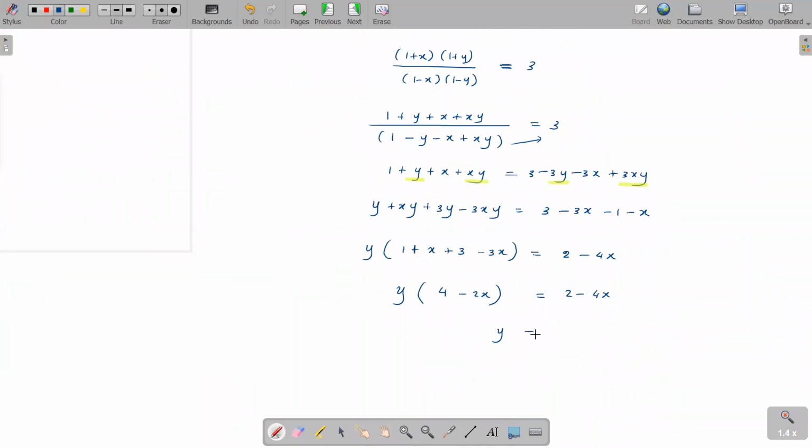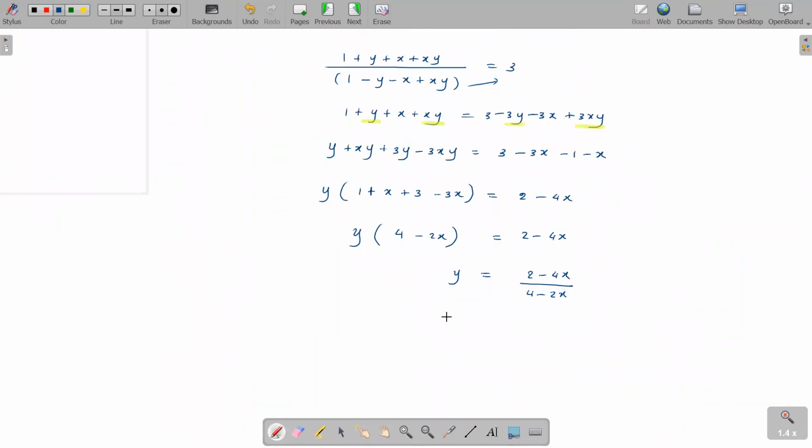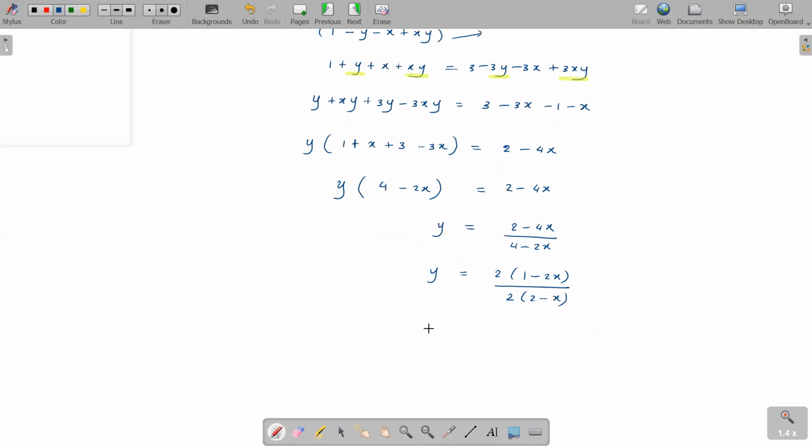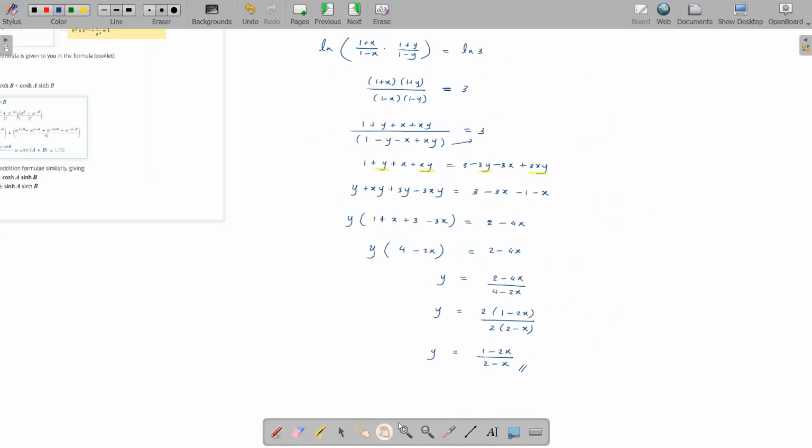So we get y equals 2 minus 4x over 4 minus 2x. I think we can take a factor of 2 out: the numerator is 2 times (1 minus 2x), and the denominator is 2 times (2 minus x). Right, guys? So we can cancel the 2, and I get y equals 1 minus 2x over 2 minus x. All right, guys?